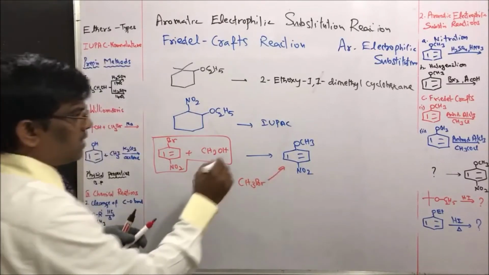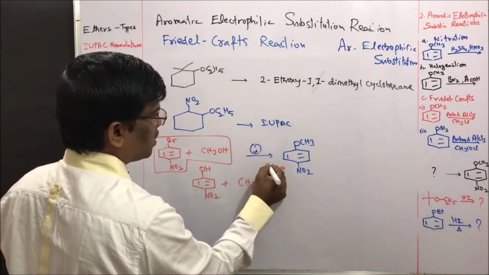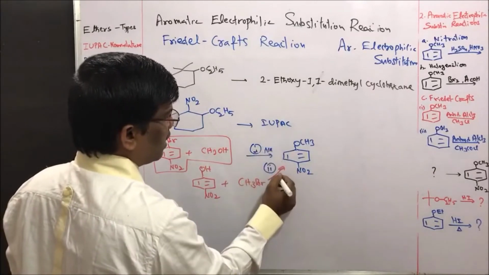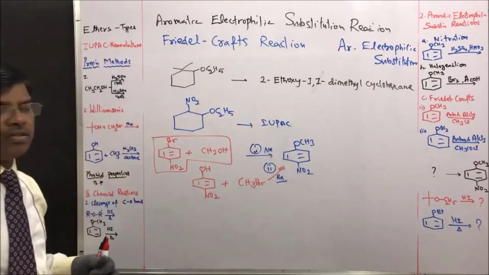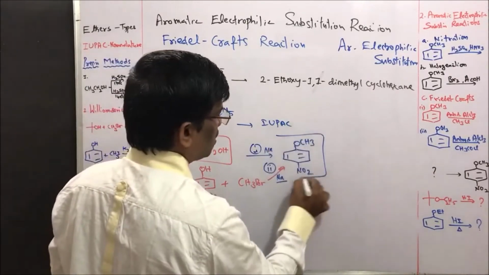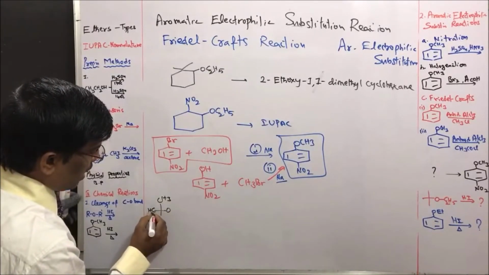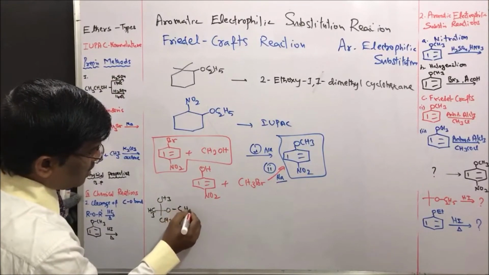This is condition 1, condition 2. Which one is going to form? In both cases I have the option to use sodium. So which one is going to give this product? Just guess. And this ether, actually butyl ethyl, C2H5 is ethyl.